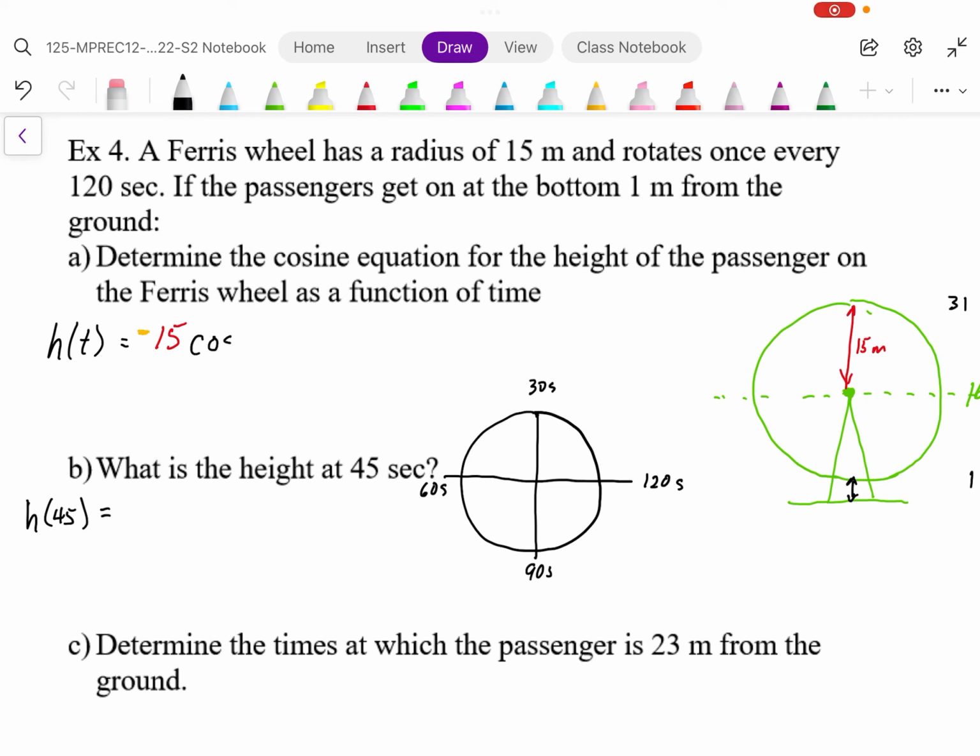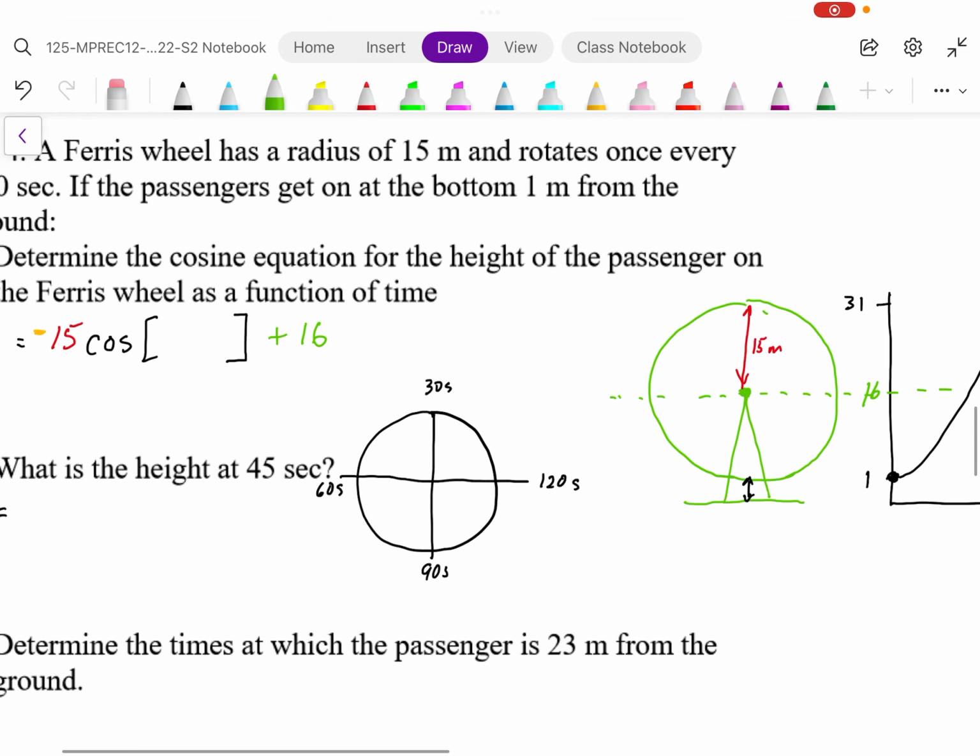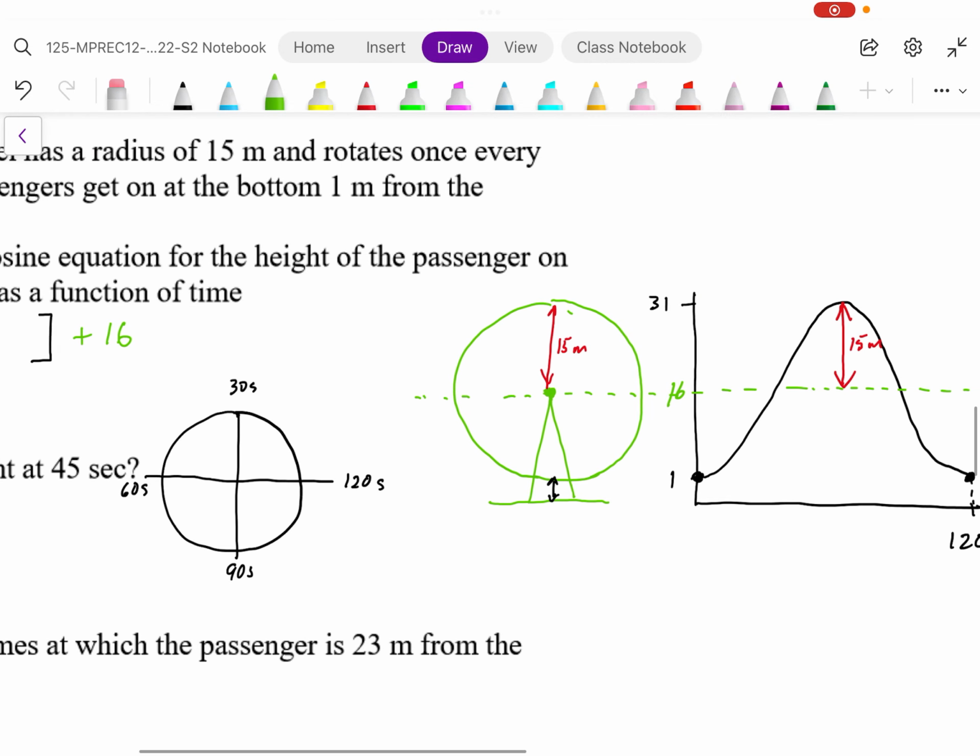And this is going to be the cosine. I have to have a horizontal shift and my compression factor in there. But my vertical shift, or the middle of the graph, is going to be at 16. So there's my two parts. There's the middle and my radius showing up.